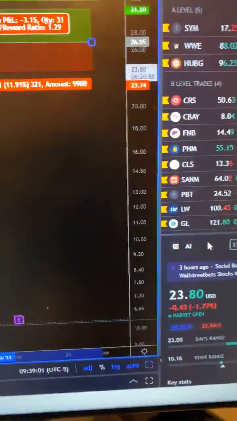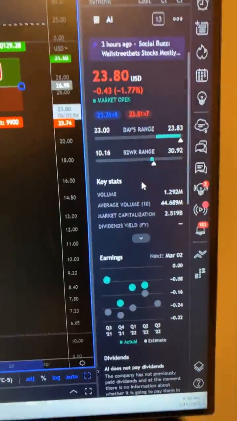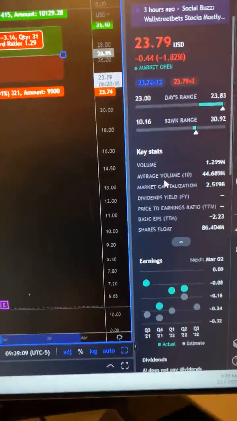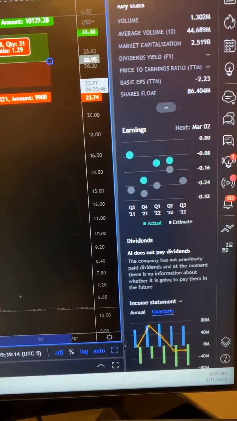Even TradingView is starting to come up with some fundamental information. Like if you go over to this spot here on TradingView, right? So I still have AI up. If we expand this over here, you could start to see some of the stats. You could click on some of these spots. They've got earnings. Let's see if we could expand any of this. Click that.